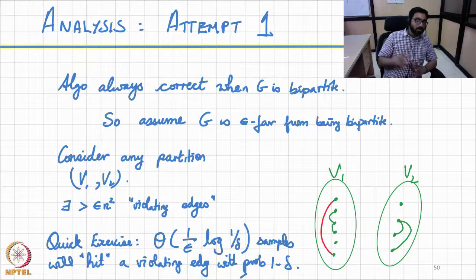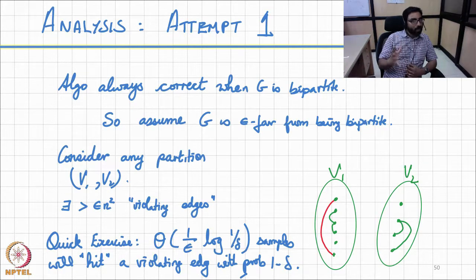But once you've convinced yourself that that's the case, let's step back and look at what we have achieved. We have shown for a specific partition that we will be able to hit a violating edge with probability at least 1 minus delta.